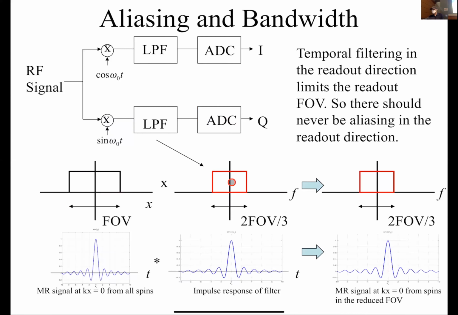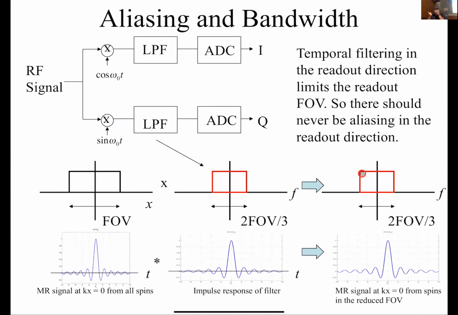Then when I multiply that in the Fourier domain, it's only going to keep the information in that reduced FOV. That's one thing that is good to know when you're wondering how you would actually image a long object without having to sample the whole thing. So that's one solution.